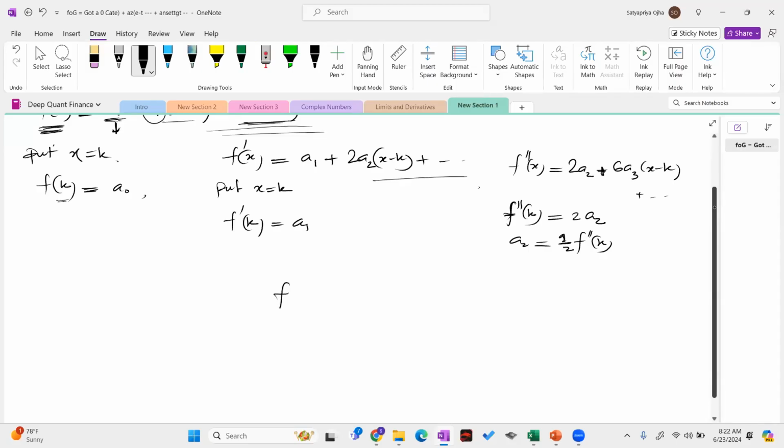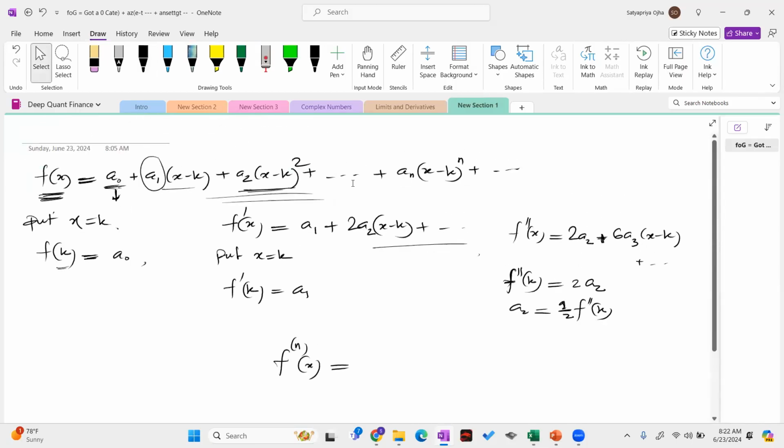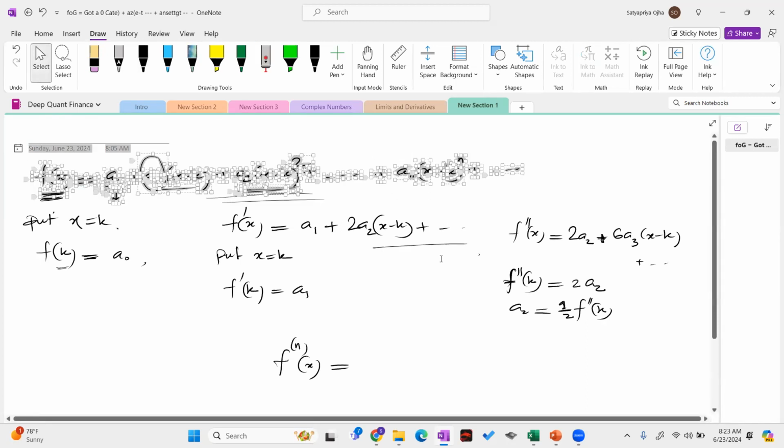So you differentiate the function n times. After n minus 1 differentiations, all of these terms would have vanished because they are lower power than x to the power n. Only this will survive.